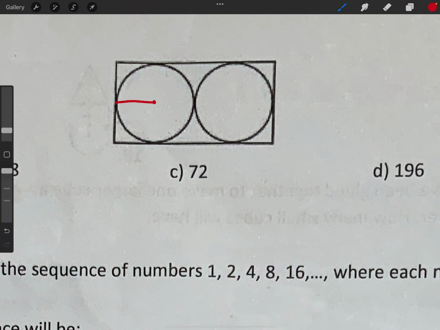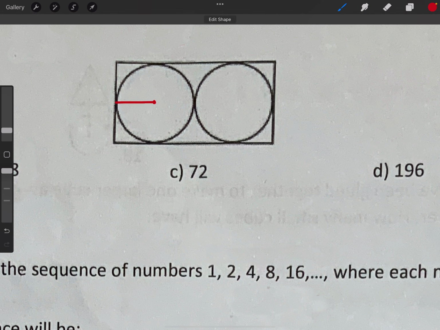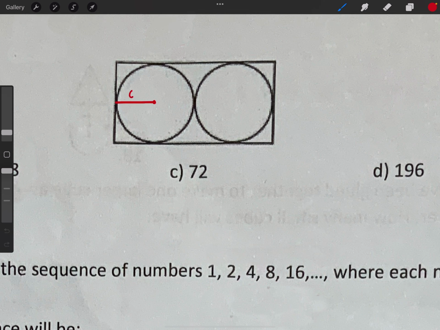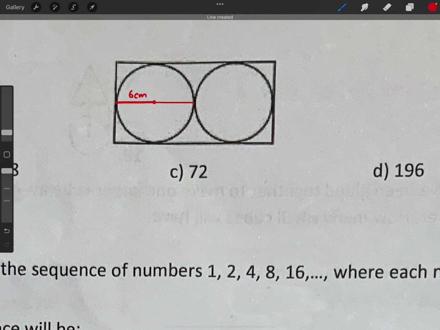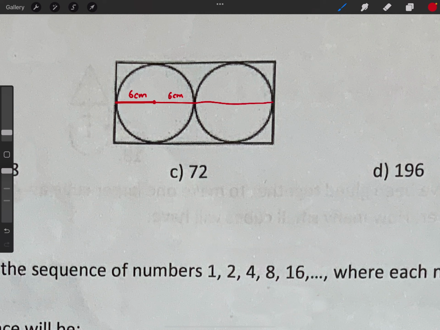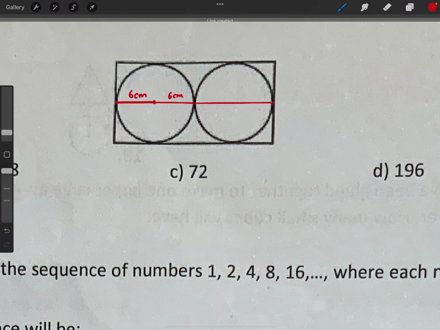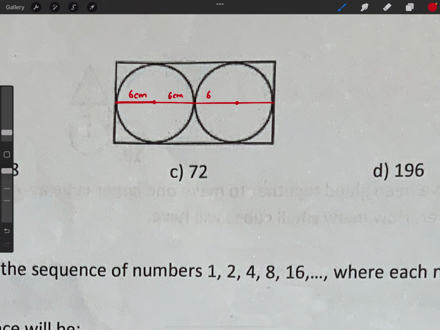The radius of each circle is 6 centimeters. From the center to the circumference is 6.